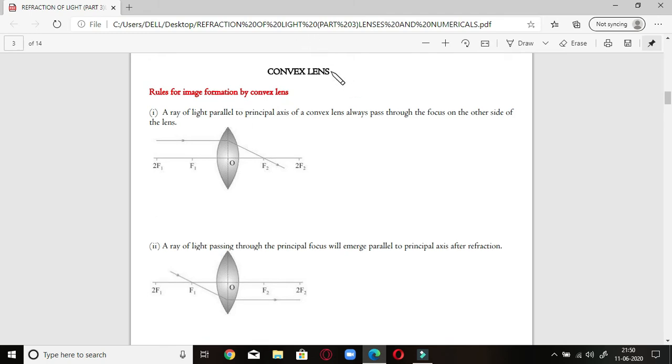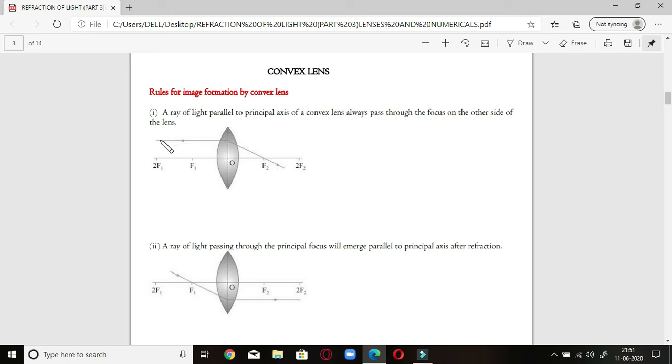Next is the convex lens. Now this biconvex lens, when the rays, students, pass through the convex lens, they follow some rules. Instead of taking a cluster of these rays, we consider only one ray or two rays, so as to make the ray diagram clear. First is that the ray of light which is parallel to the principal axis of a convex lens always passes through the focus on the other side of the lens.